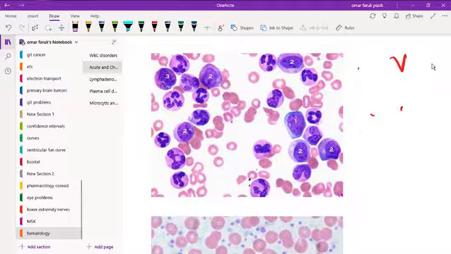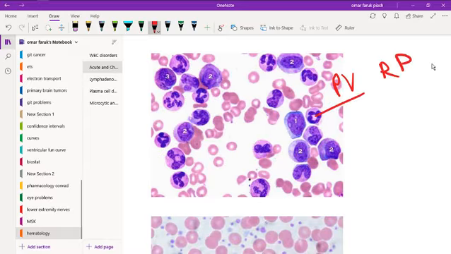Now, how can you distinguish polycythemia vera from relative or reactive polycythemia? In polycythemia vera, EPO is decreased.